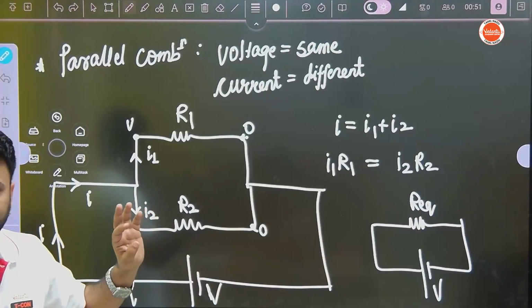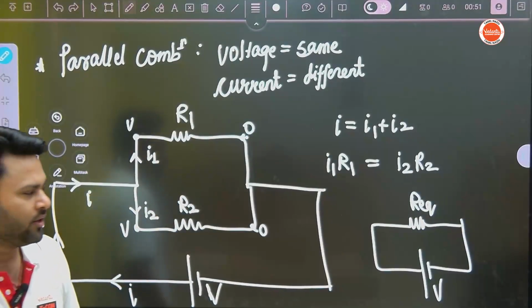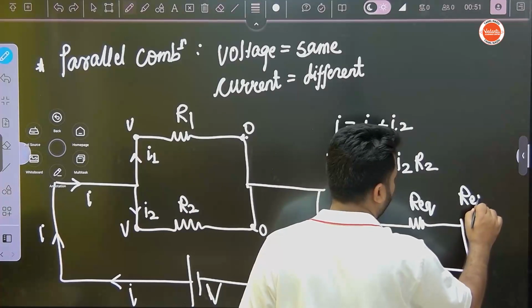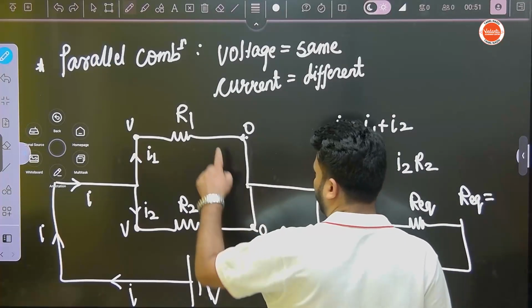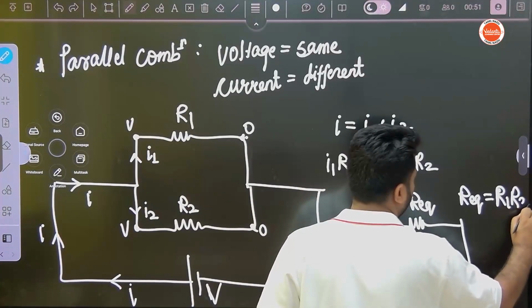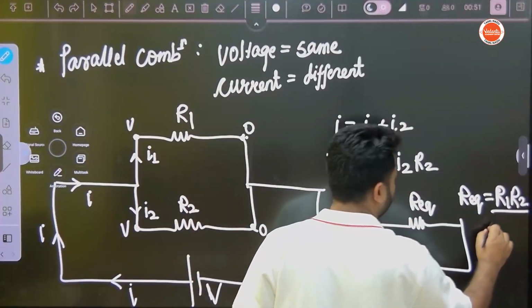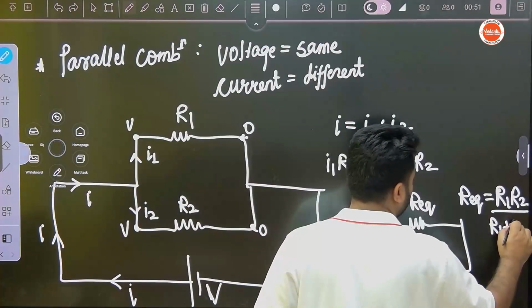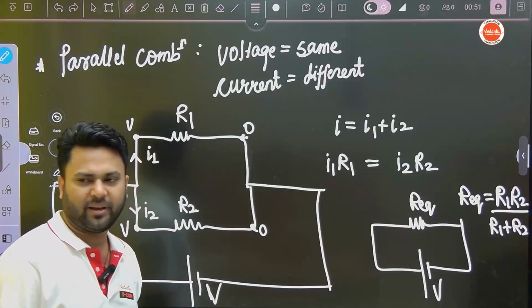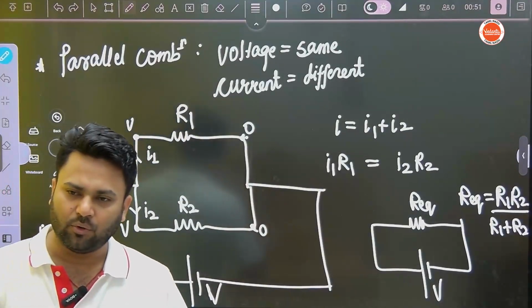Most commonly they will give like that, two resistors are in parallel. So R equivalent equals to, you multiply these two, R1 R2, divided by, you add these two, R1 plus R2. First you multiply, divided by, then you add.